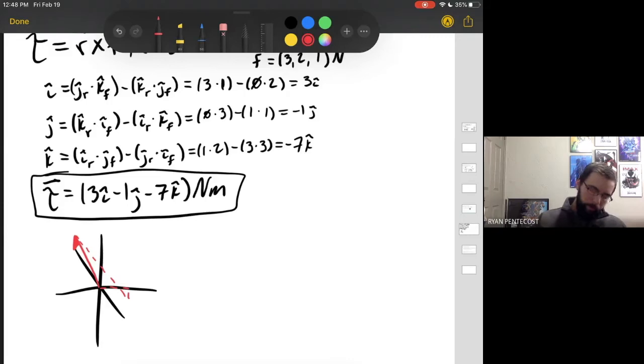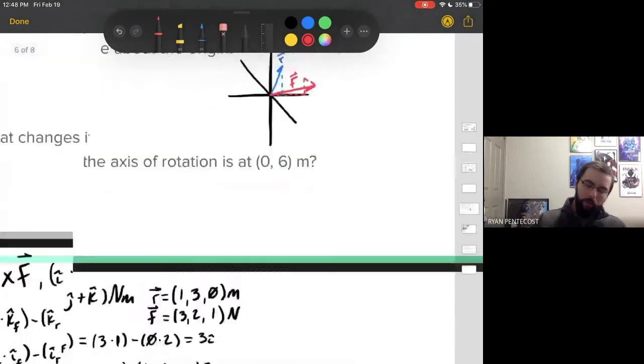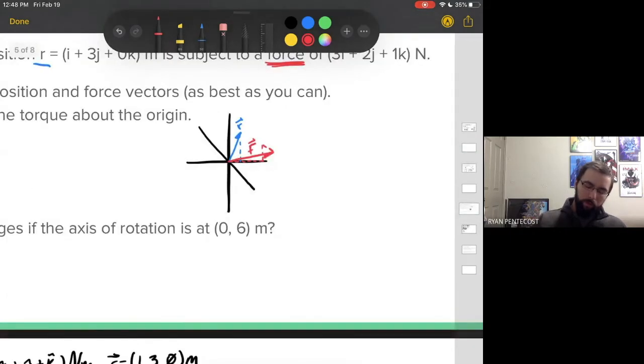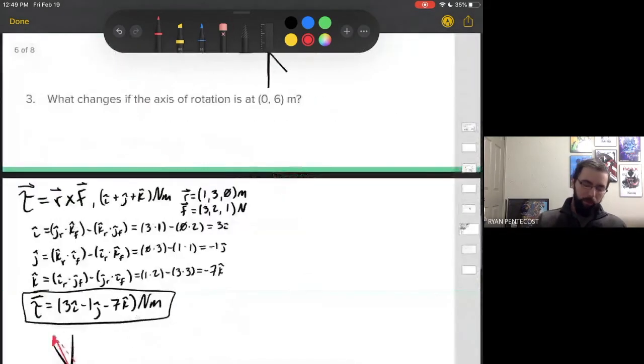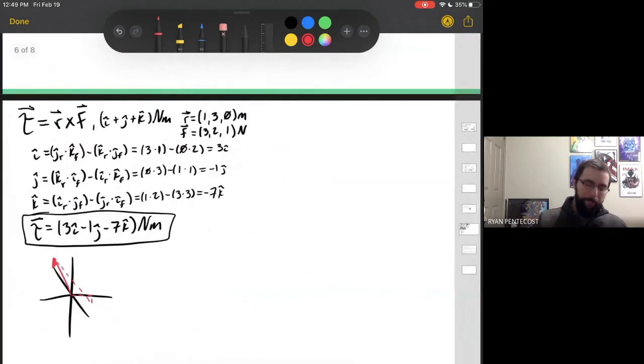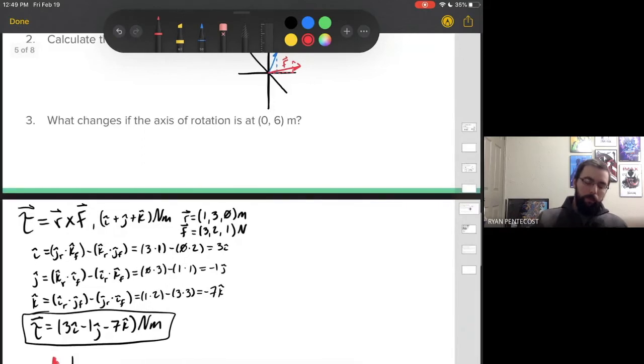So that looks like a negative torque, right? Right-hand rule, if we have R cross F, we should get a negative torque on that one. Right-hand rule can confirm the negative torque, because that's going to want to go clockwise.